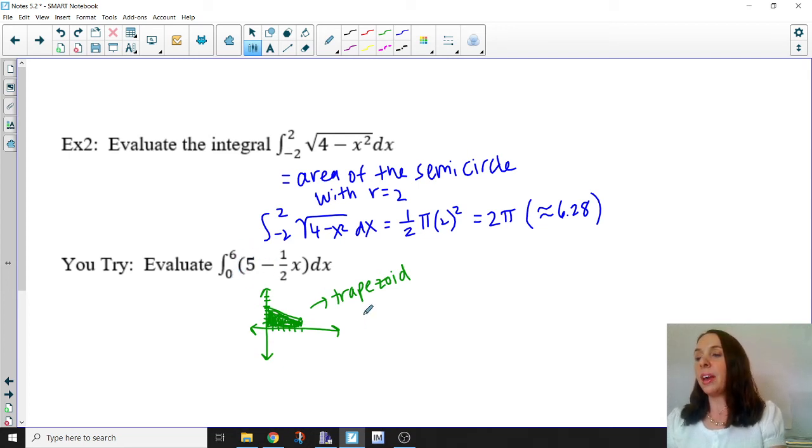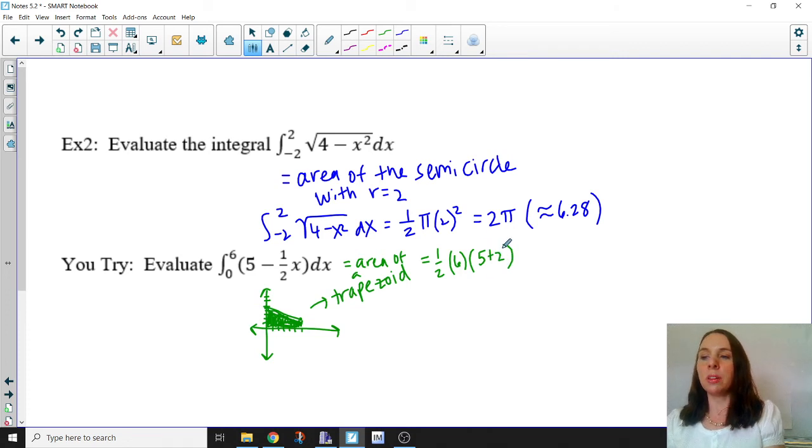All right, so now let's use the area of a trapezoid formula. Area of a trapezoid is 1/2 times the height times the sum of the bases. 1/2 times the height, which again is 6, times the sum of the bases, which is 5 plus 2.